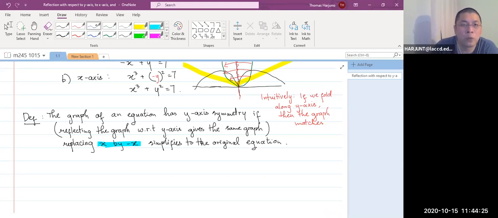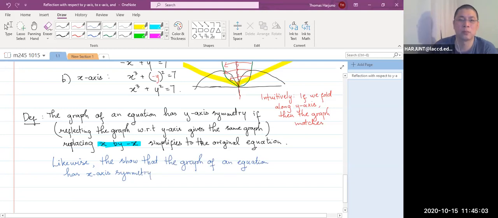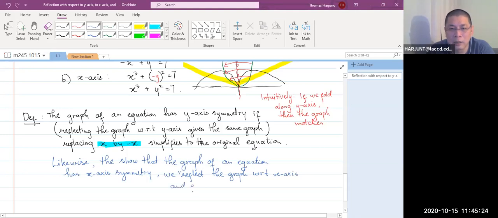Okay, now likewise for x-axis symmetry, likewise to show that the graph of an equation has x-axis symmetry, we reflect the graph with respect to the x-axis and get the same graph.